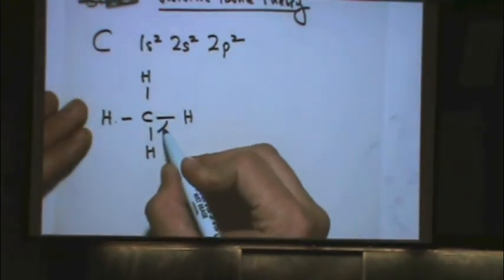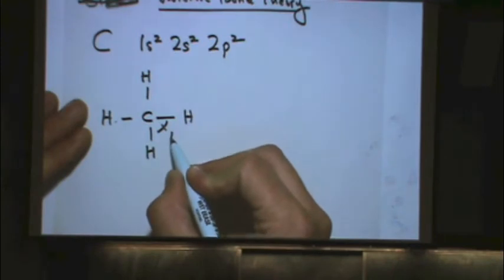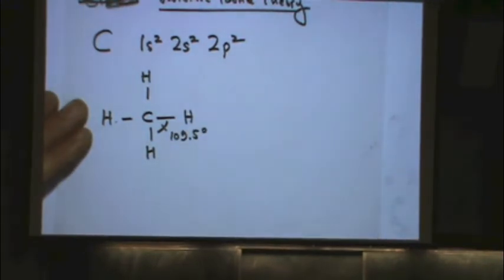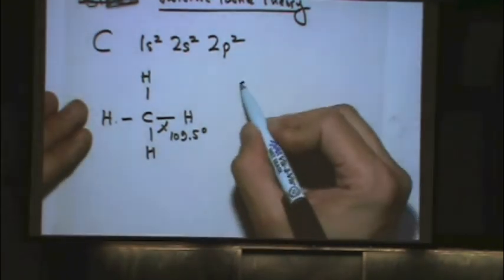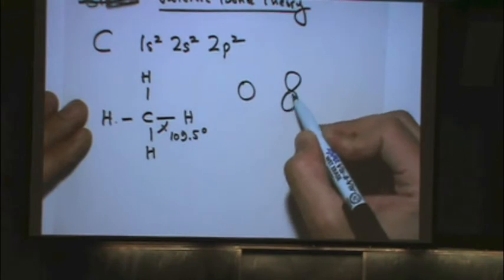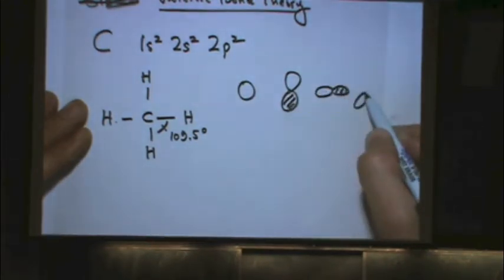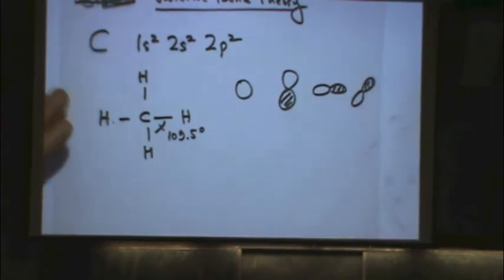What are the bond angles on methane? 109.5 because it's tetrahedral. I didn't draw a tetrahedral, but that would be the bond angle. But the weird thing about the orbitals, if you draw out the orbitals, kind of like this, there's the orbitals. If you look at the orbitals and you put the angles of the orbitals together, what angles would the p orbitals make?